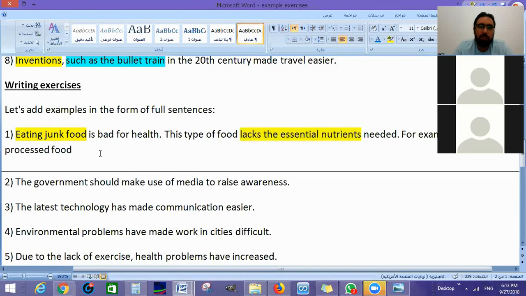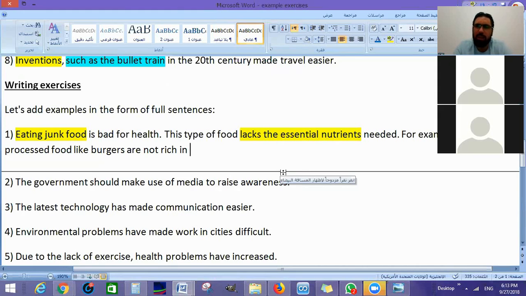So for example, processed food like burgers are not rich in, and now we need essential nutrients, so we could say vitamins maybe.